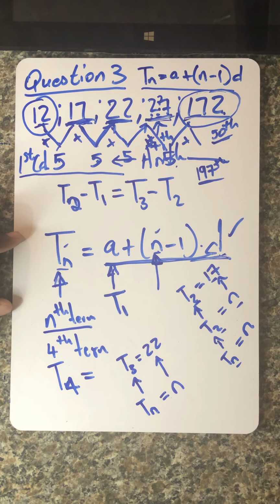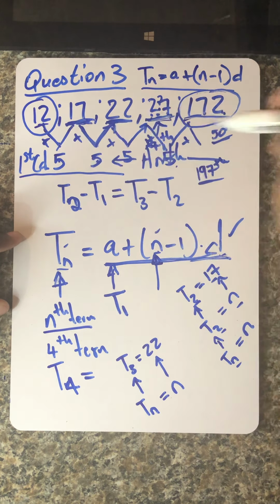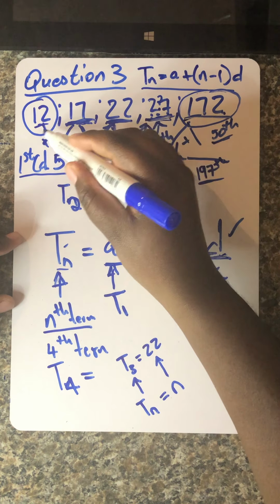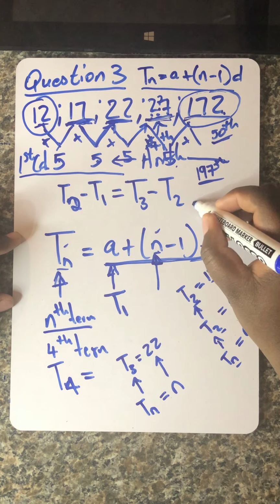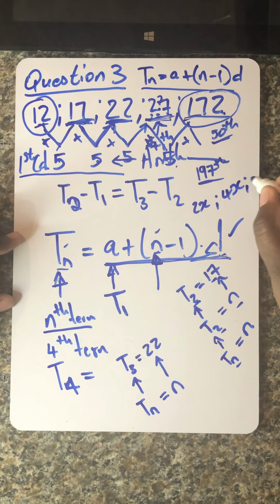And remember, guys, a pattern doesn't necessarily mean that it will always be positive numbers. And again, it doesn't necessarily mean that at all times it will be numbers. For example, you can have 2x, you can have 4x, you can have 9x. I'm just giving you an example.